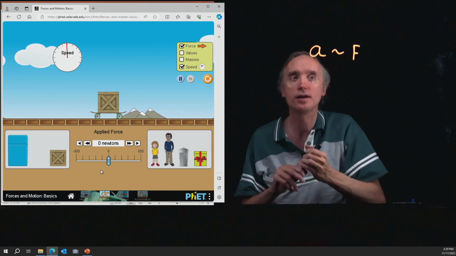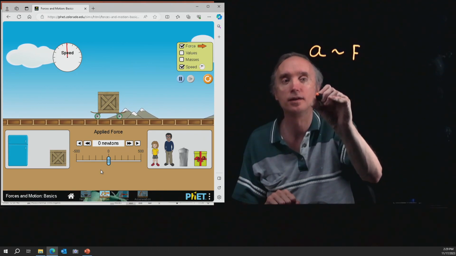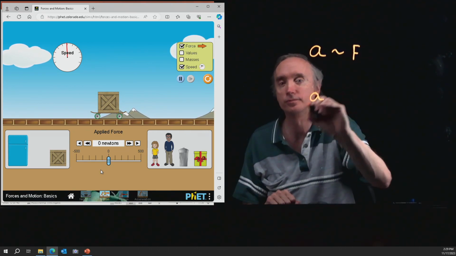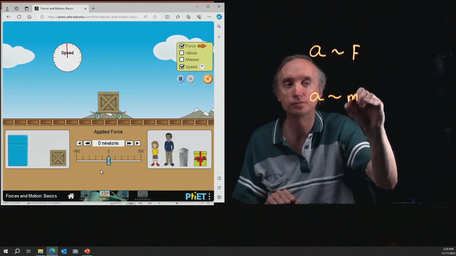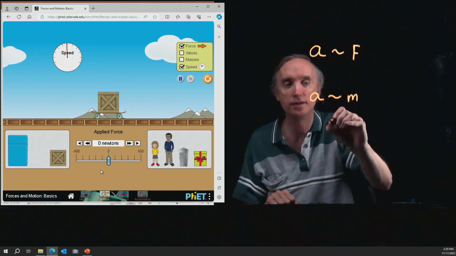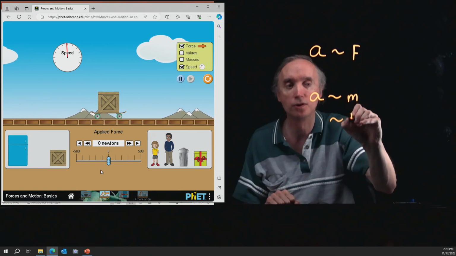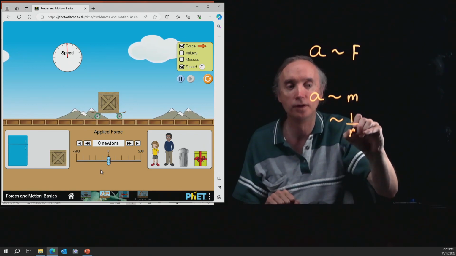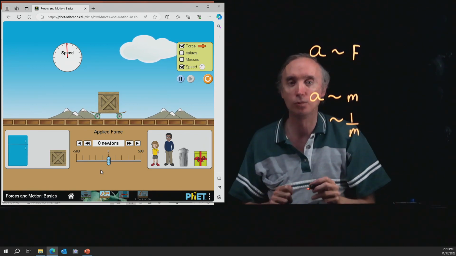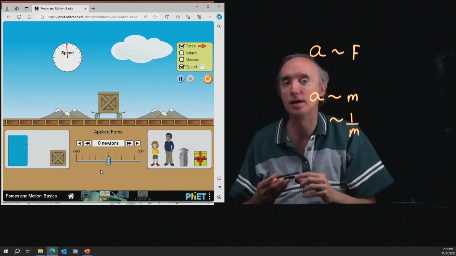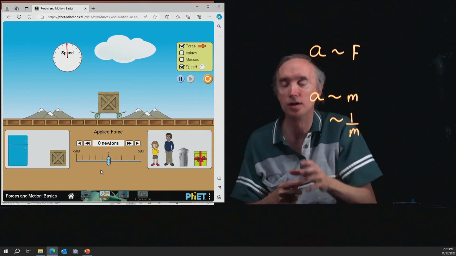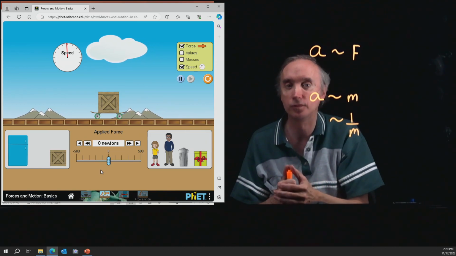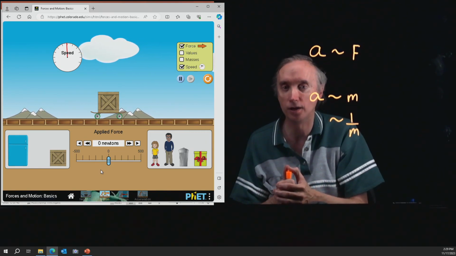So let's write this then and say, is the acceleration going to be proportional to m, or is it going to be proportional to 1 over m? Again, which of these two makes more sense? Based on what you saw with the simulation, what conclusion do you come to?